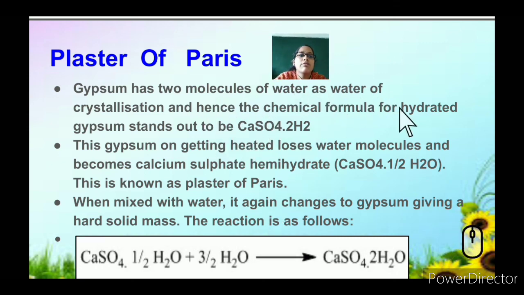Hence, its chemical formula is hydrated gypsum. Gypsum is calcium sulfate, and when calcium sulfate combines with 2 molecules of crystalline water, it gives the formula CaSO4 2H2O.